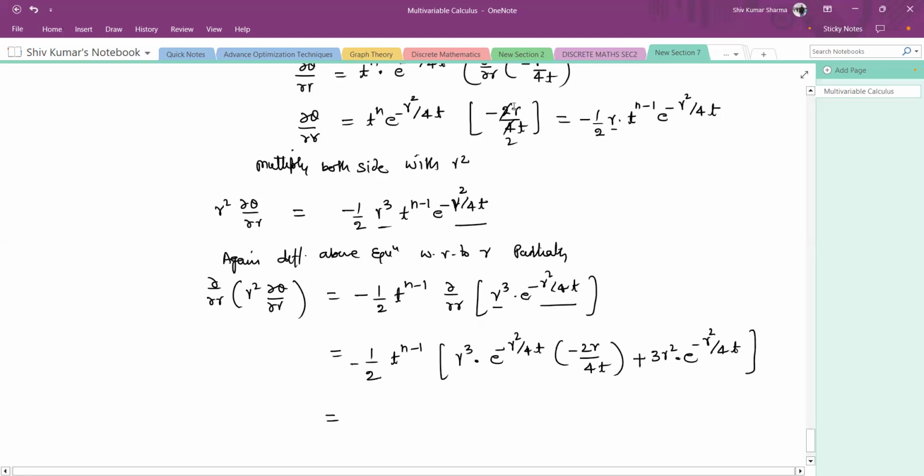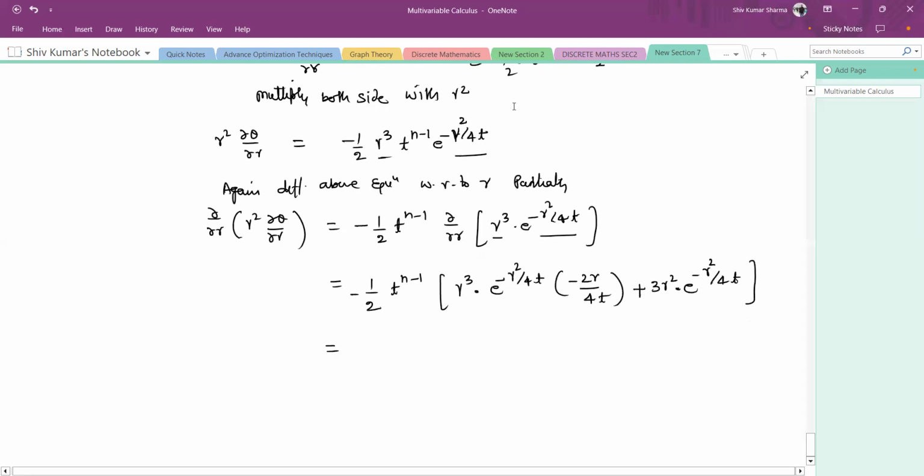Okay, so this we can simplify as minus 1 upon 2 into t raised to the power n minus 1, and here this will be minus 1 by 2 r raised to the power 4 upon t into e raised to the power minus r square upon 4t, or plus 3r square e raised to the power minus r square upon 4t.